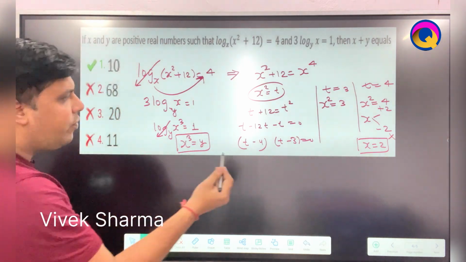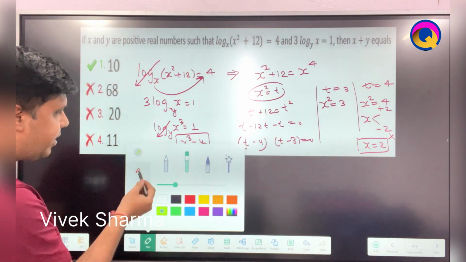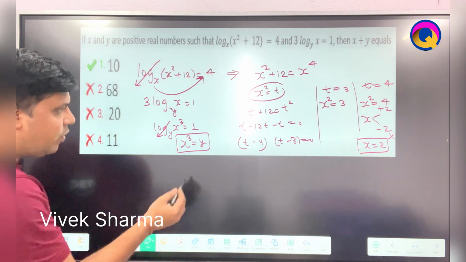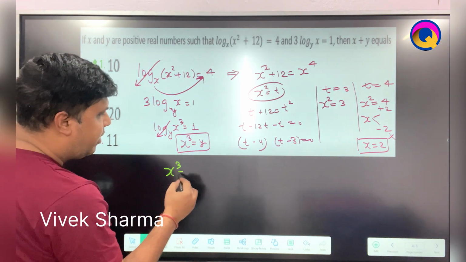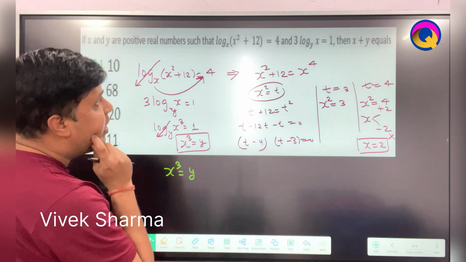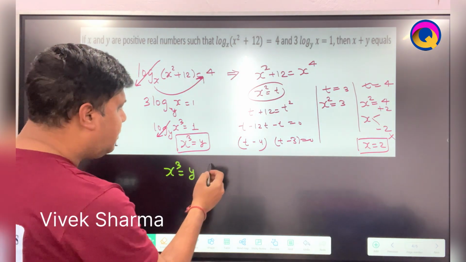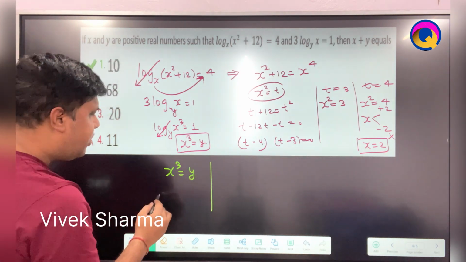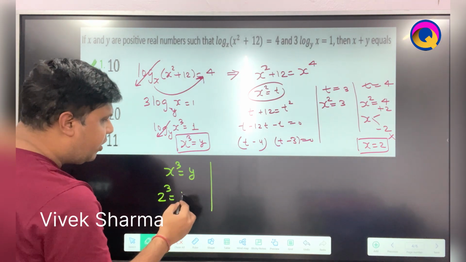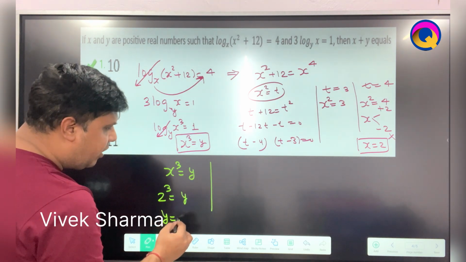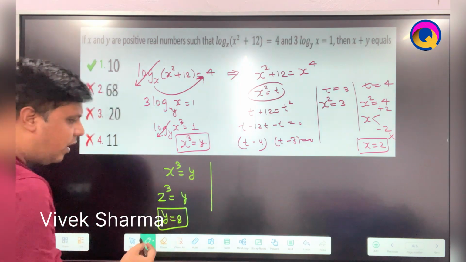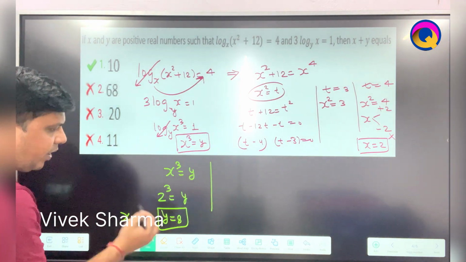So now we are in the position to solve for the answer. So we have the equation x cube equals y. So if I take x equals 2, so 2 power 3 should be equal to y, then y should be equal to 8. So we have the value x equals 2, then y equals 8.